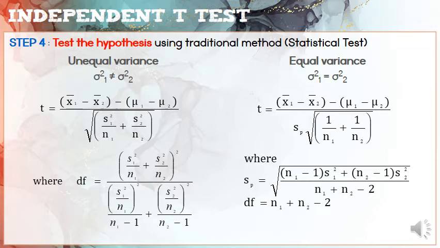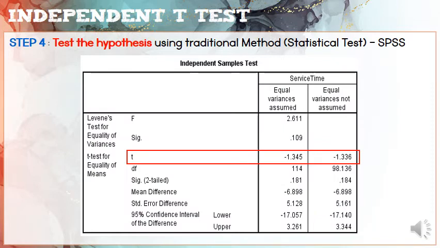So this will be the formula and the degree of freedom. For equal variance, you have to calculate your pooled standard deviation. We can also find the value from your SPSS output.